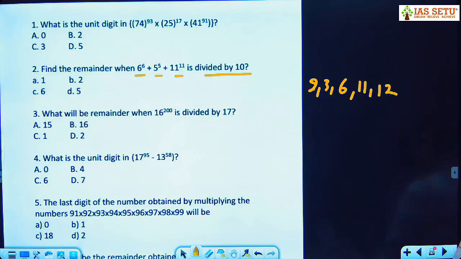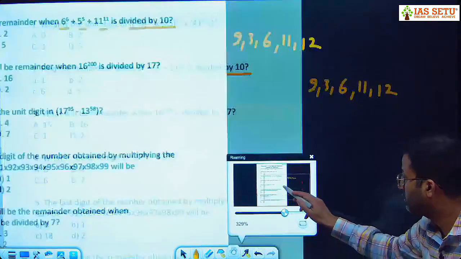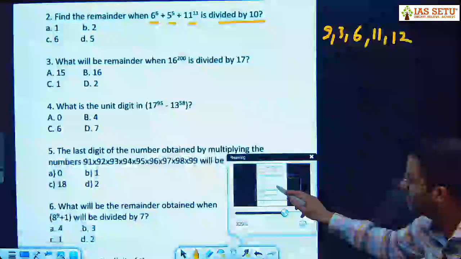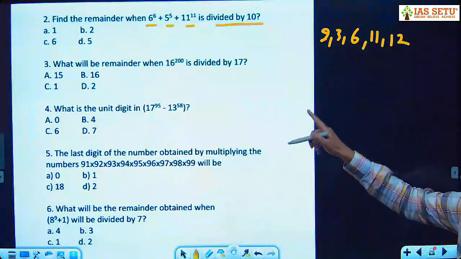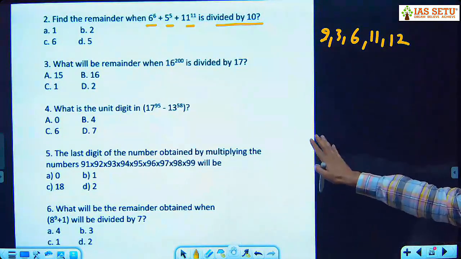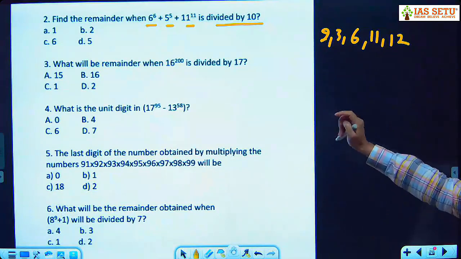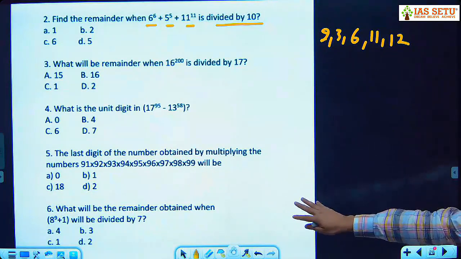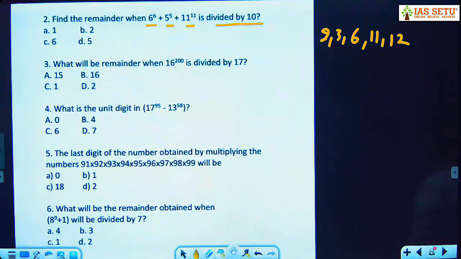Two, 3, 6, 11, 12. 2, 3, 6 is on the board. If you don't have handout with you, 2, 3, 6 is on the board. 11, 12 on the back side. अभी रुक जाओ. पहले 2, 3, 6.